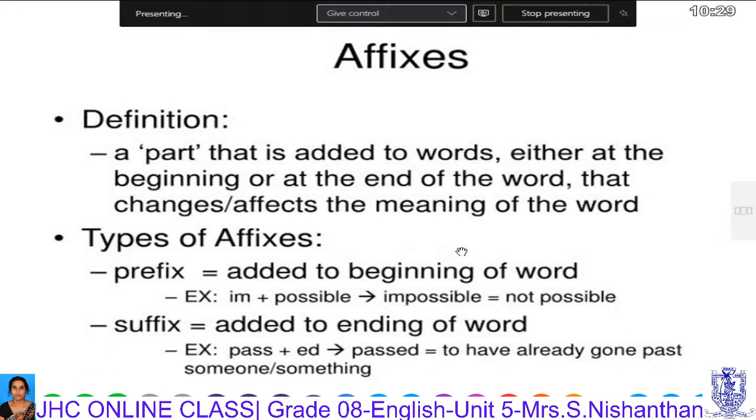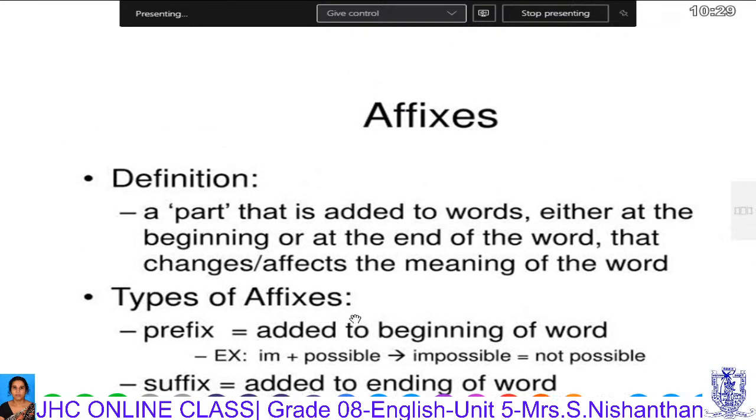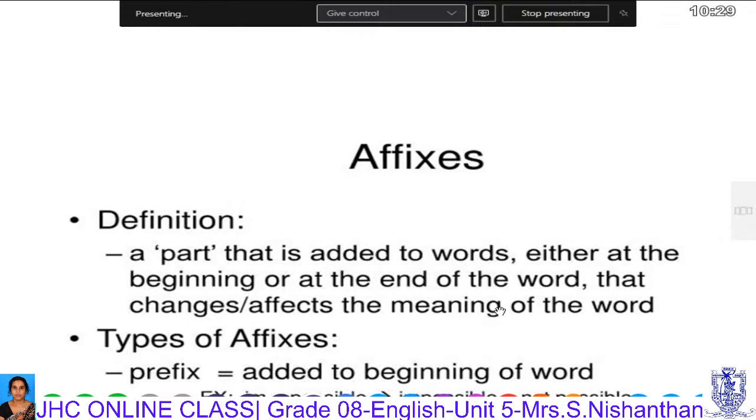Now, we are starting a new session, affixes. In English, we have only 26 letters. Then, how do we form words? We use affixes to form more words from a base word.